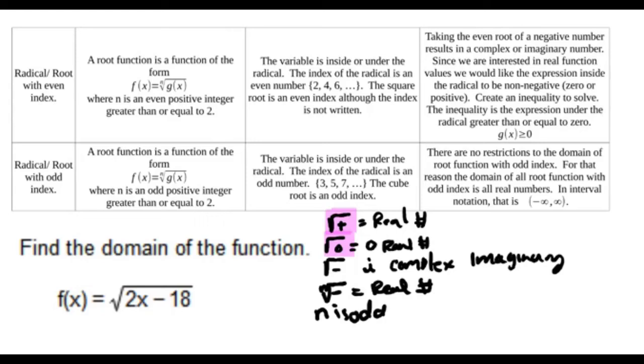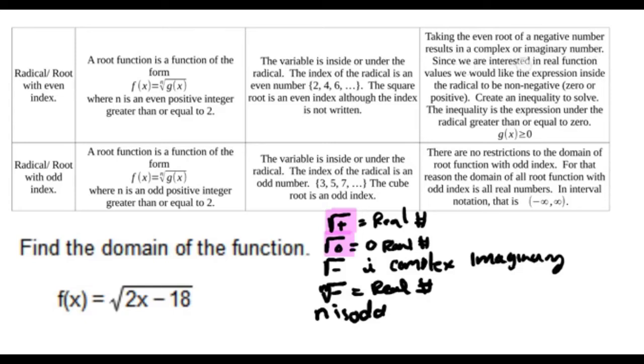So it's only when you have the even index of a negative that produces a complex or imaginary number. So in this example, this is what we're going to follow to find the domain. So taking the even root of a negative number results in a complex or imaginary number.